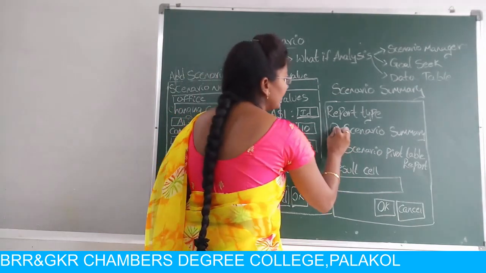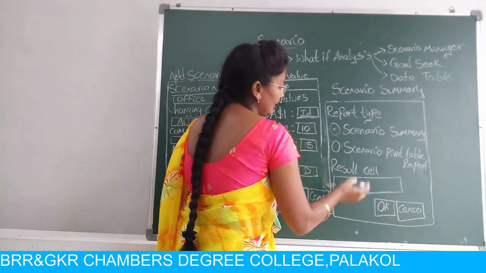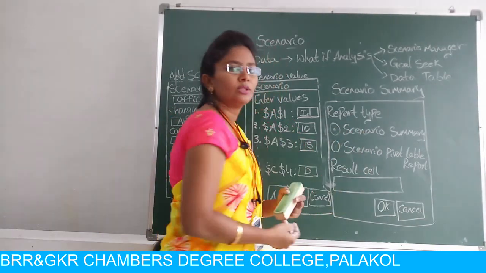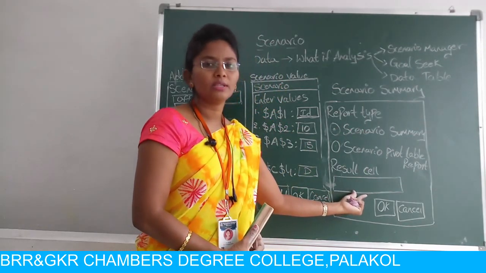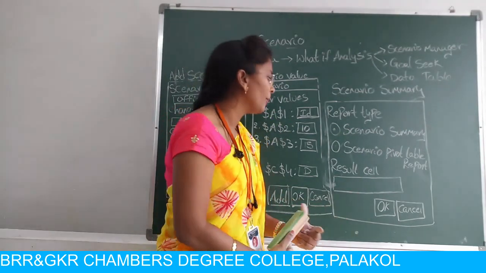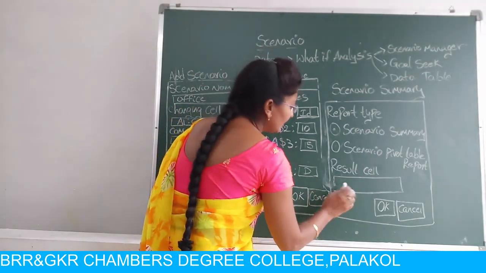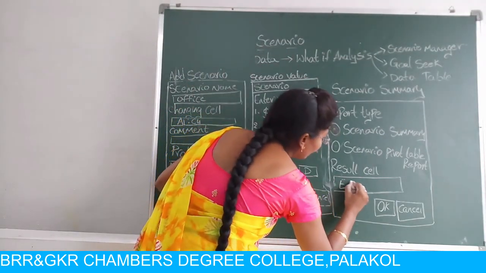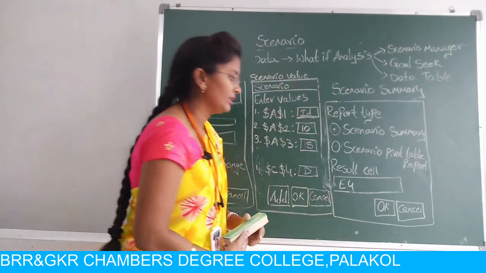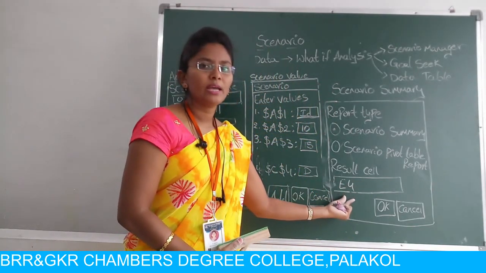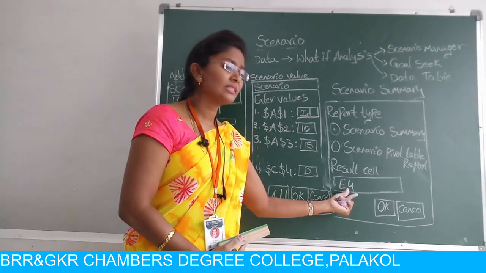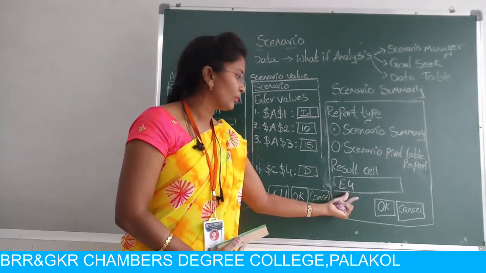Here I am taking the Scenario summary, and whatever scenario summary you want to display in the Excel sheet, that cell reference ID must be entered here. Here I want the result in the E4 cell, which is why I am entering the reference as E4. The result will be displayed in the Excel sheet in cell E4 only.